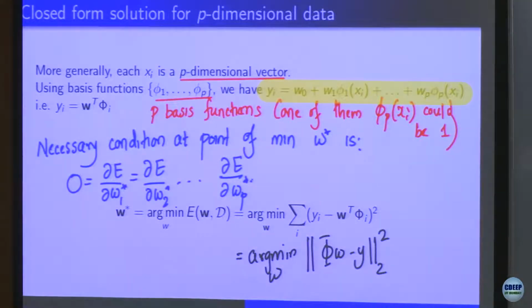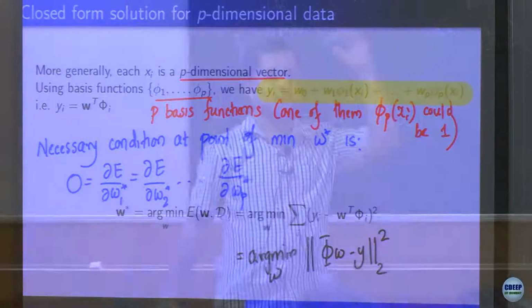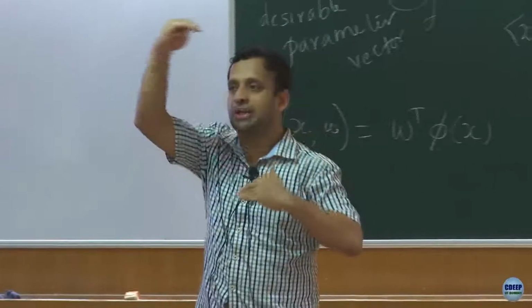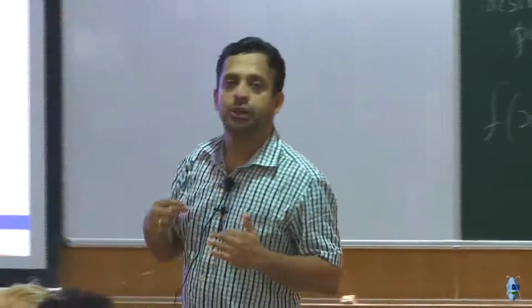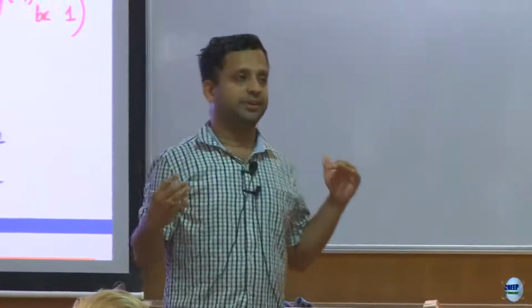Now if you stack these partial derivatives in a vector, one on top of the other, you get something called the gradient vector.